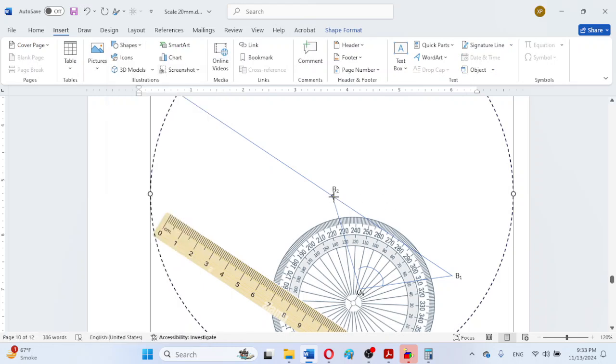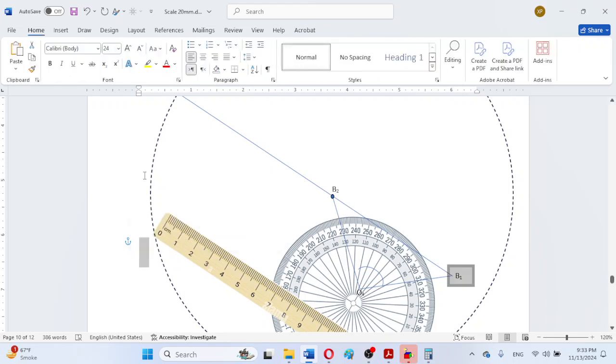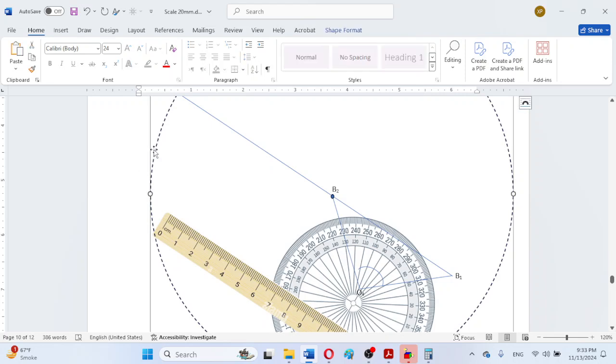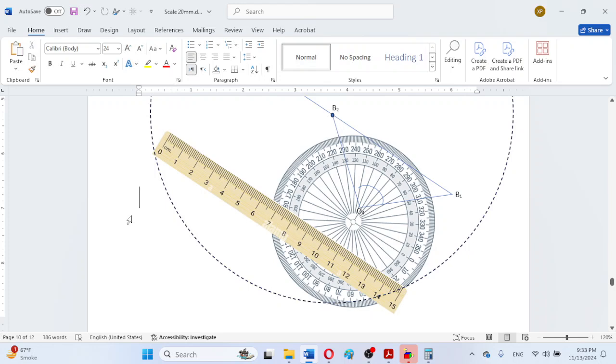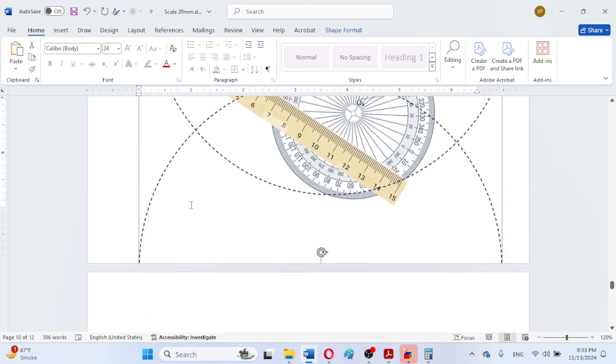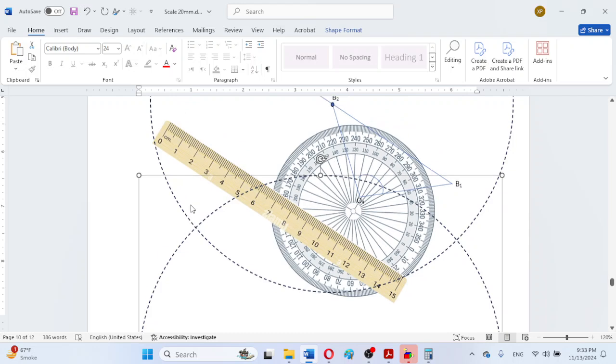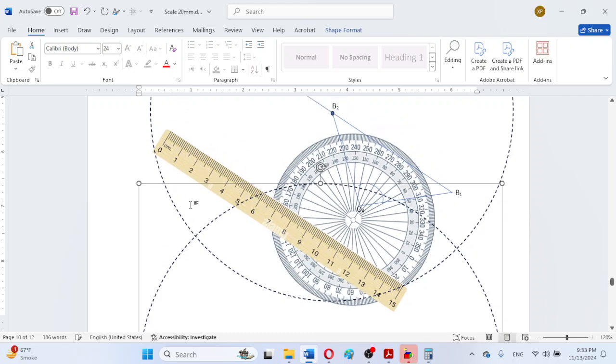We can draw here a small circle to indicate its center, and now we can copy it by pressing Ctrl and this, and now we can paste it here. So now we will be using the up and down arrows like this.